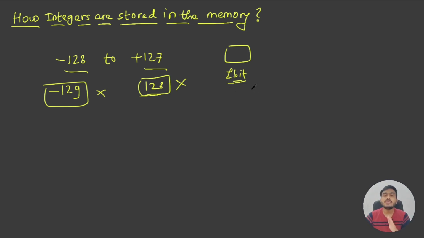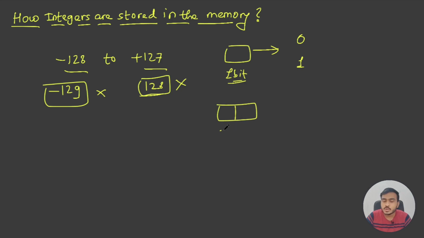So let's see what different values we can store in this 1 bit. If we have just 1 bit, then we can store 2 different values. The first value is going to be 0 and the second value is going to be 1. So a single bit can store 2 different values, 0 or 1.